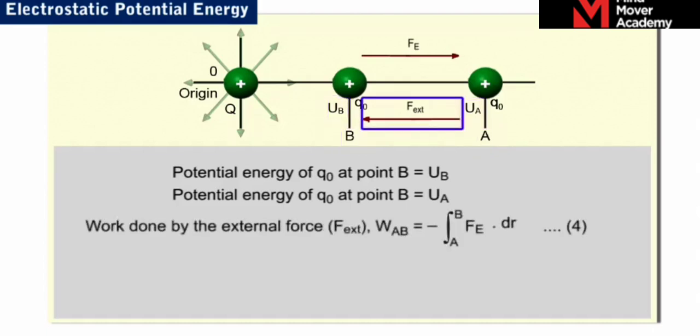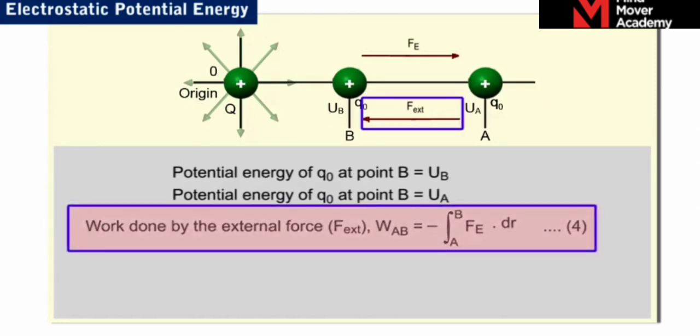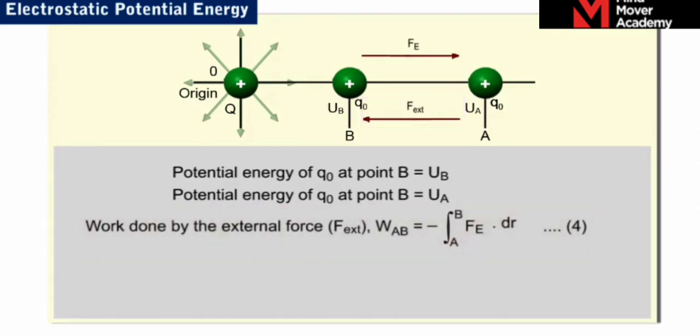The work done by the external force F, as given by equation 4, is also equal to the difference in the electrostatic potential energies of the charge Q0 at the points A and B in the electric field. Let us label it as equation 5.